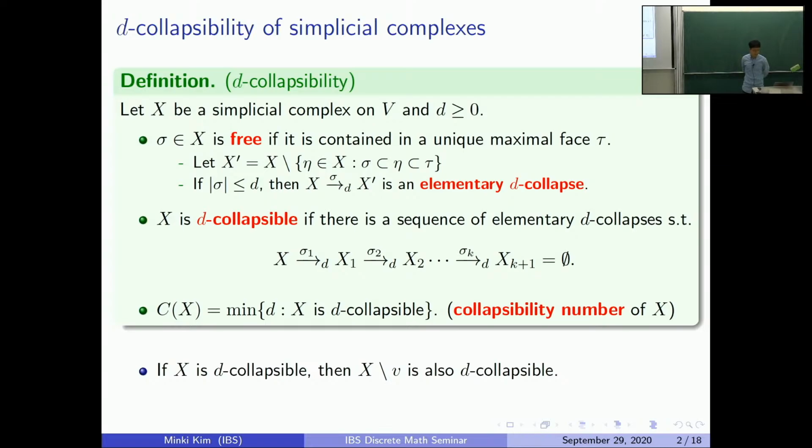Or indeed, any induced subcomplex is also d-collapsible. And actually, any d-collapsing sequence for X can be induced to a d-collapsing sequence of X delete v.